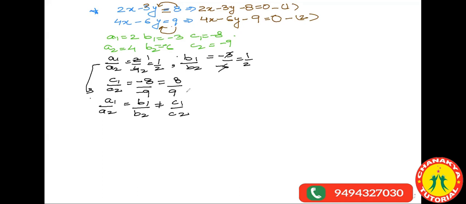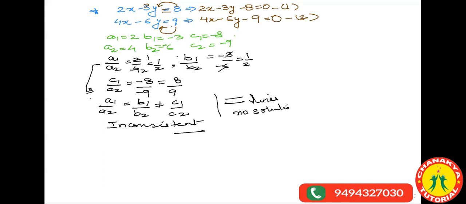Inconsistent. Good, because the lines are parallel. Parallel lines are there, so no solution. If there is no solution, then the system is inconsistent.